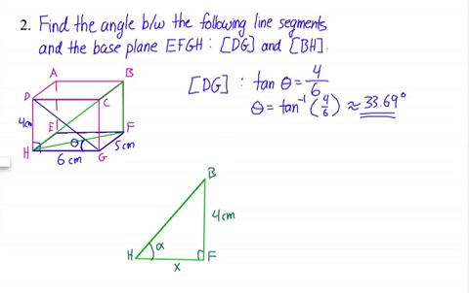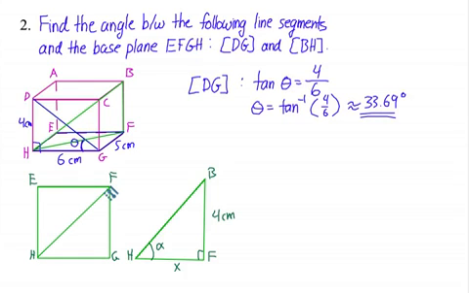Again, it's helpful in this problem to draw the base rectangle, and we can label this E, F, G, and H, and this is the base plane that we're trying to find the angle from. If we draw the diagonal from H to F, and then label the known quantities, we know that HG is 6 centimeters, and GF is 5 centimeters, and that the angle G is a right angle.